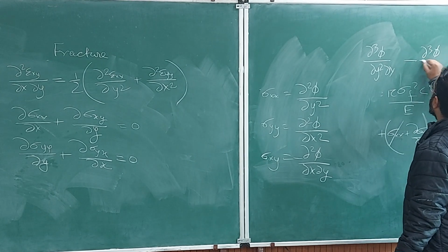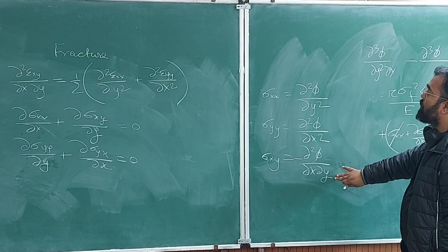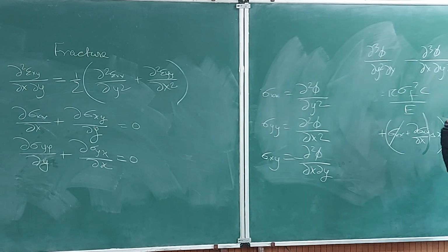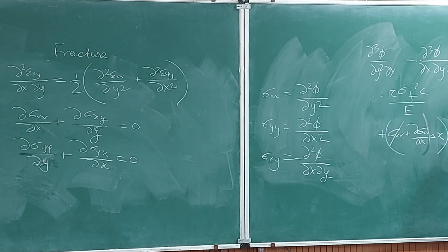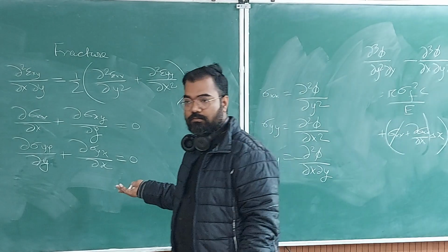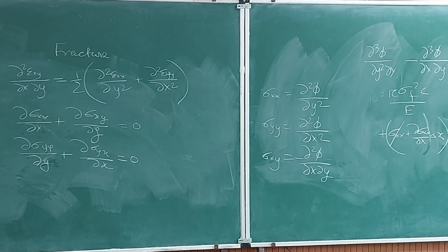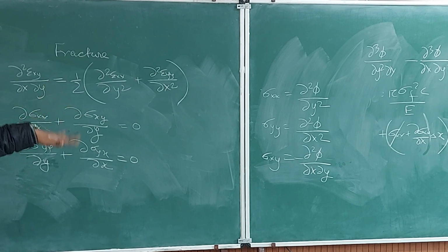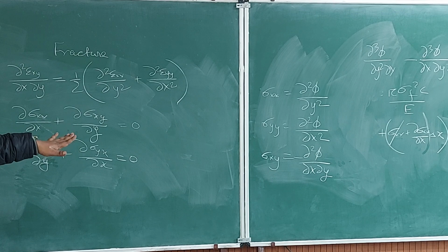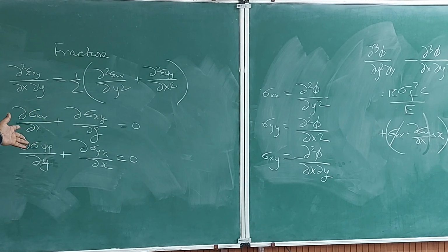Del 3 phi by del x del y into del x del y square. So then it becomes 0 automatically, right? Same thing if you plug into the second equation, it will automatically become 0. So mathematically, if you can find a function which satisfies those, so if stress can be defined in those terms, then these are taken care of.